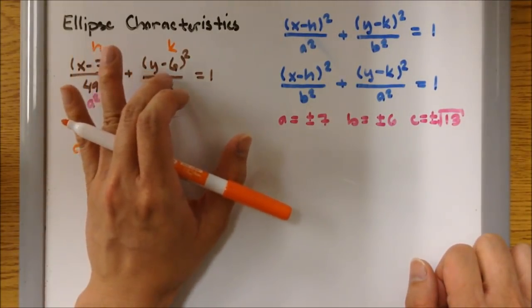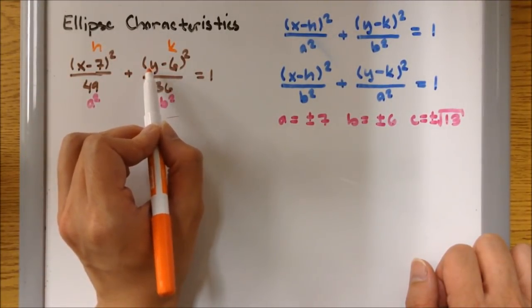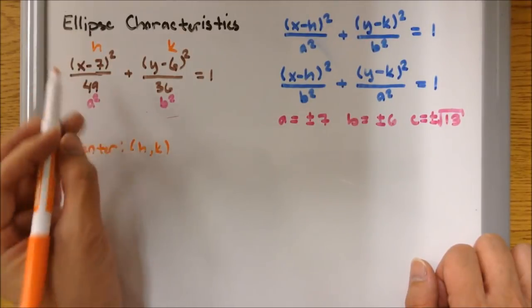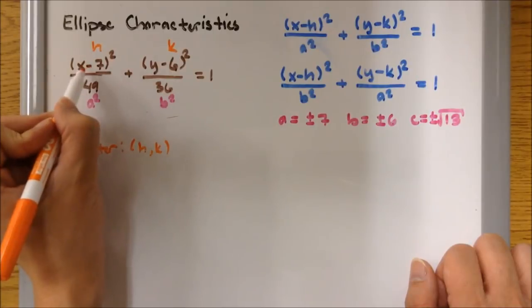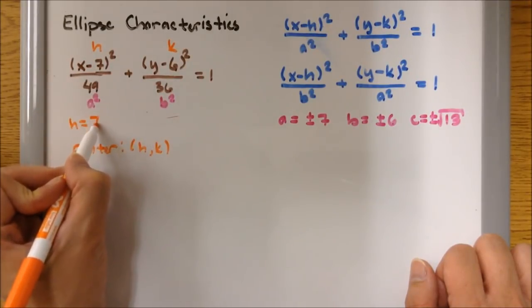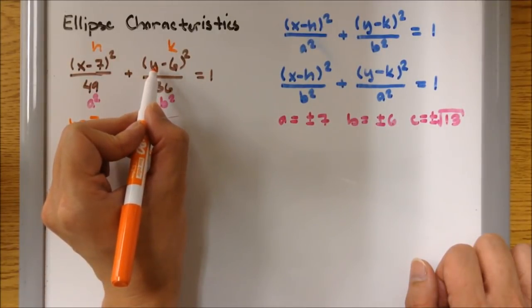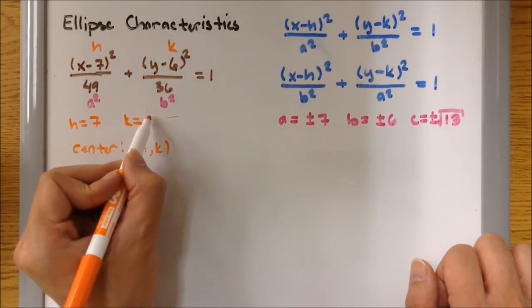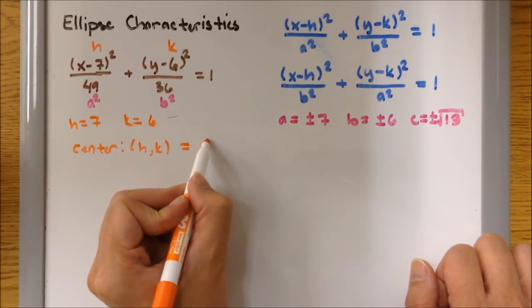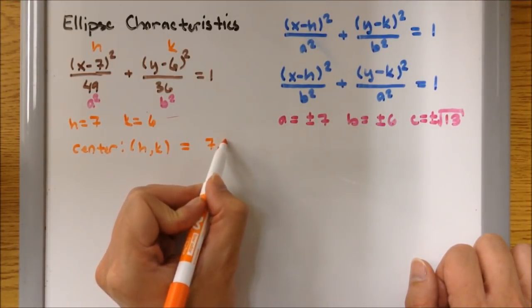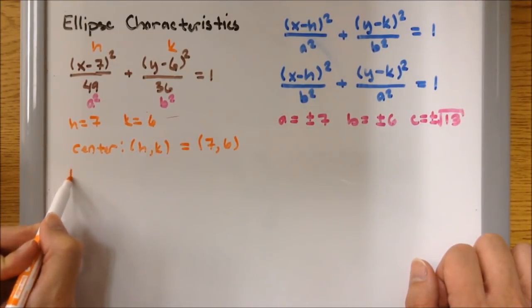It's supposed to be a y minus 6. Originally I had y minus k. That was a mistake. So it's supposed to be y minus 6. So my h value, since it's x minus 7, is going to be a positive 7. Since mine is y minus 6, the k value is going to be a positive 6. So my center will be at positive 7, comma, positive 6. That's our center. Alright, now we're going to do our foci.